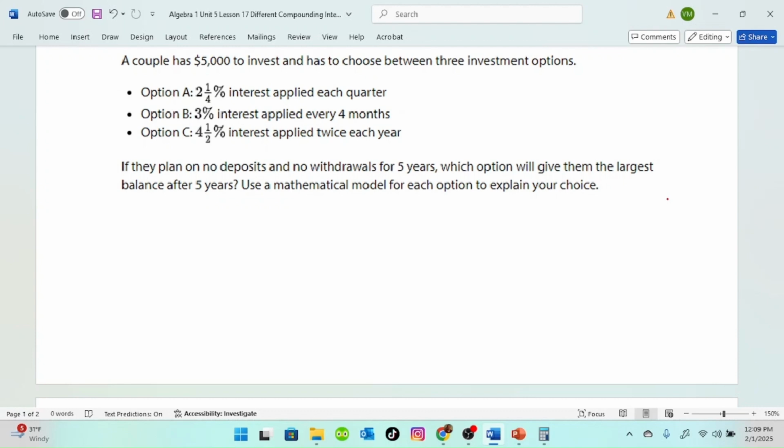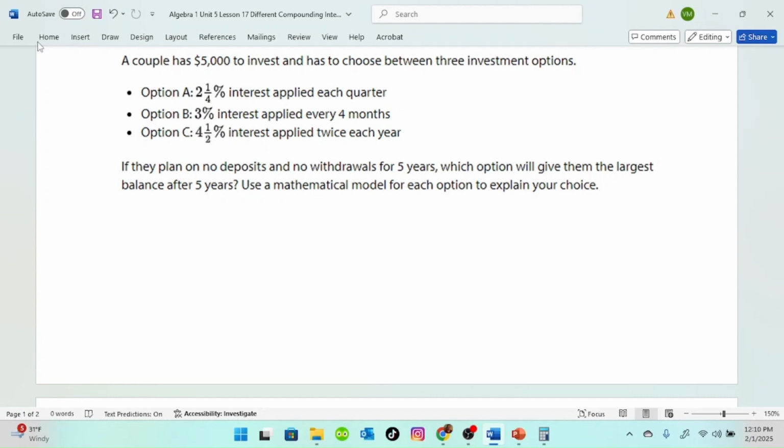And option C is a 4.5% interest applied twice each year. If they plan on no deposits and no withdrawals for 5 years, which option will give them the largest balance after 5 years? Use a mathematical model for each option to explain your choice.